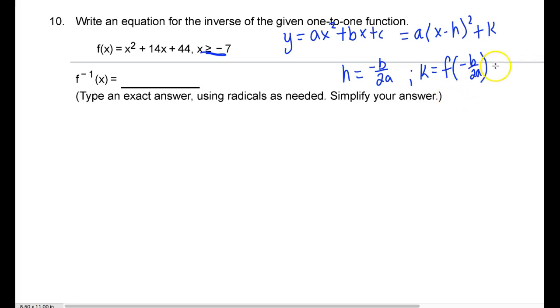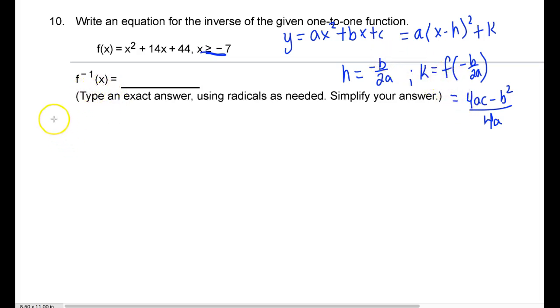We do have an alternative formula for that, which is 4ac minus b squared all over 4a. And so I'm giving you these formulas here because this is an alternative way to do what I am about to do, which is completing the square here. I'm going to do it the more traditional way here. But if you can't follow that, then of course you can do what I'm doing here.